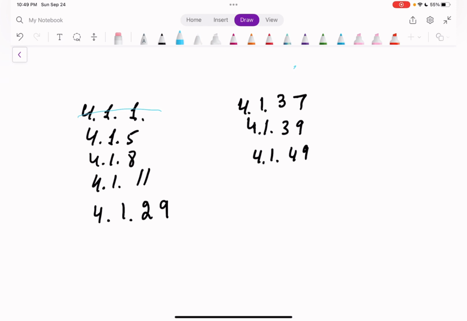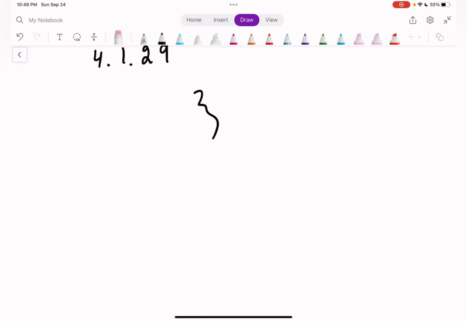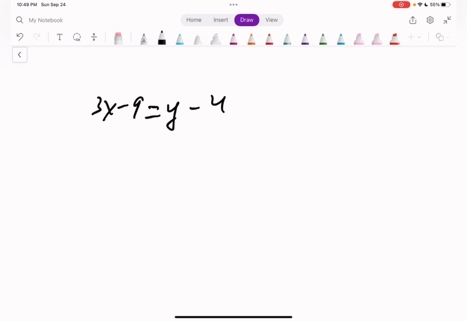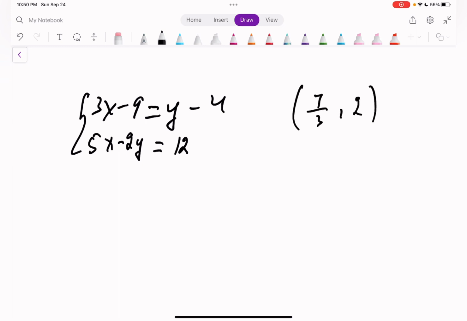Let me write down what we have here. 3x minus 9 equals y minus 4. 5x minus 2y equals 12. So we need to identify if the pair of numbers 7 over 3 and 2 is a solution.